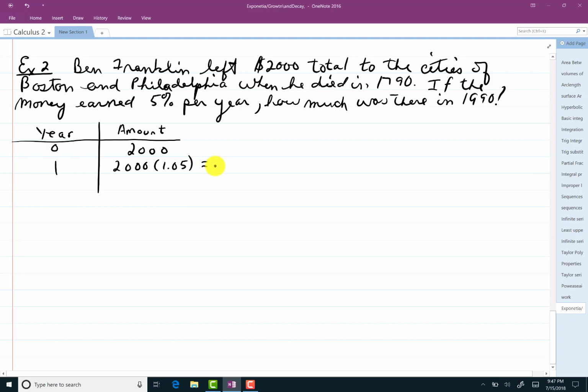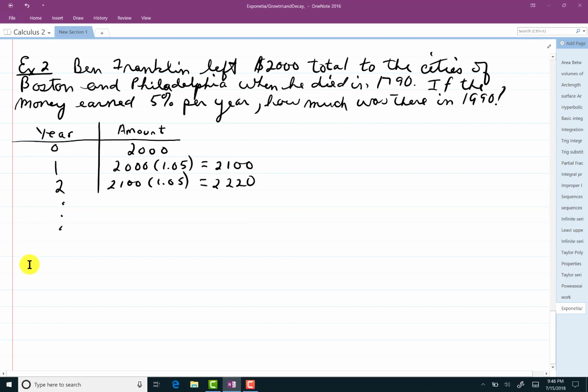So I believe this comes out to be 2,100. And then the second year would be 2,100 times 1.05 again. You see, this interest is compounding. It's not just interest on the original amount, it's also interest on the interest. So whatever this turns out to be, we'd have 2,100 plus 5% of 2,100, which would be 105. So you see, it made a little more money than the year before, etc.